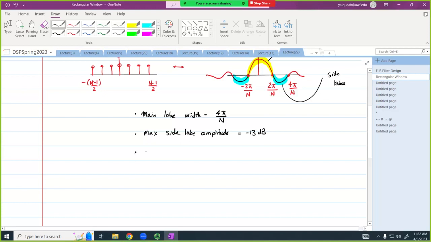And finally, the maximum ripple in H of e to the j omega that is due to the rectangular pulse, or rectangular window, is equal to negative 21 dB.